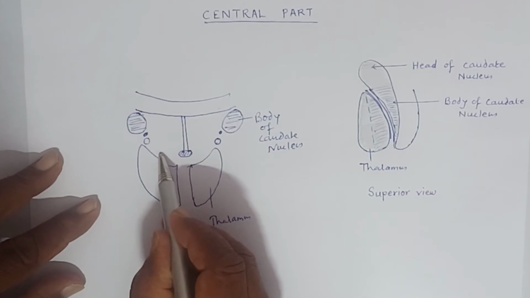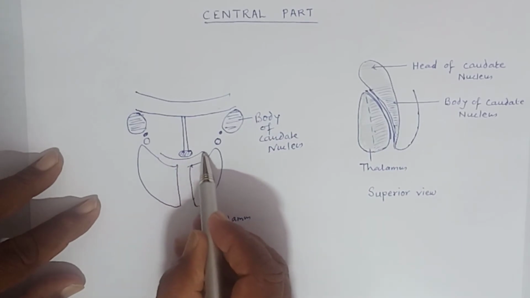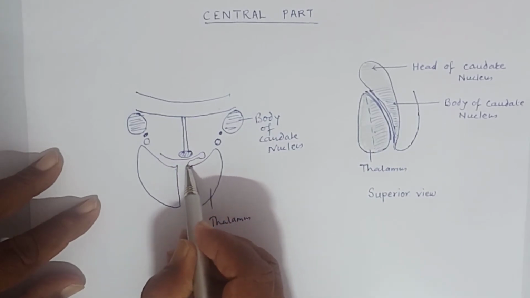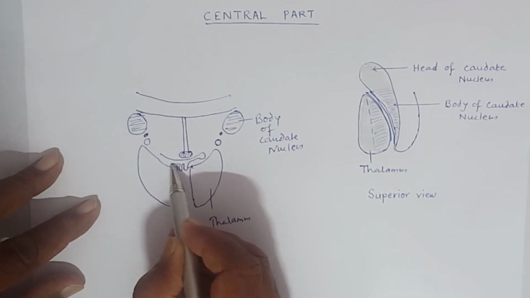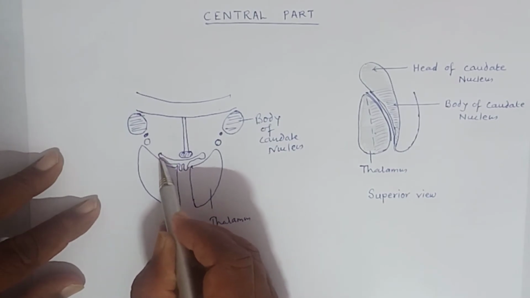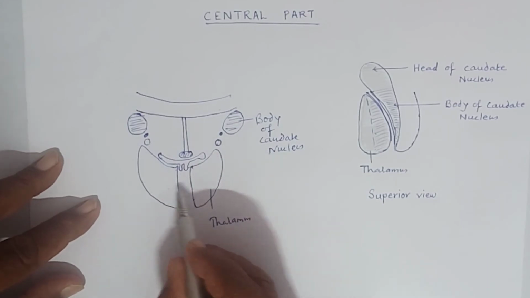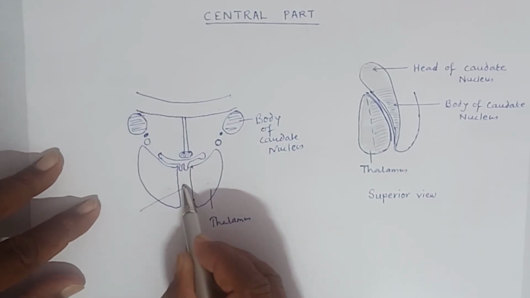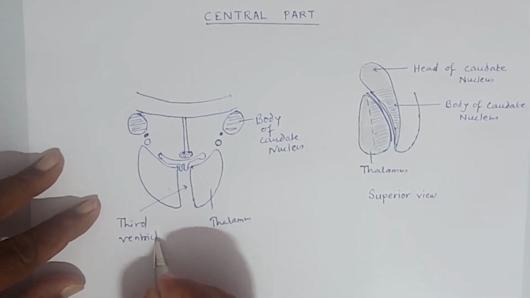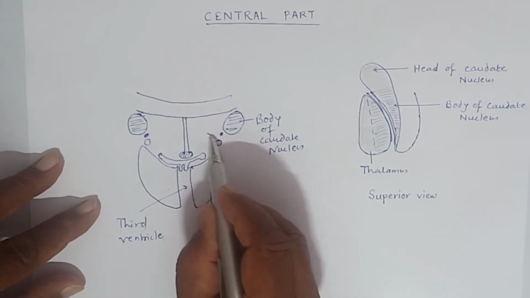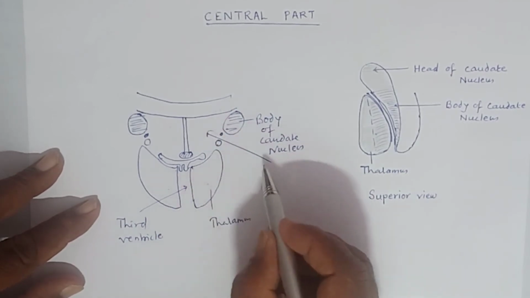In the floor, we can see the double fold of pia mater. It is common for the central part as well as for the third ventricle. Between the two thalami, this is the cavity of third ventricle, while this is the cavity of central part.